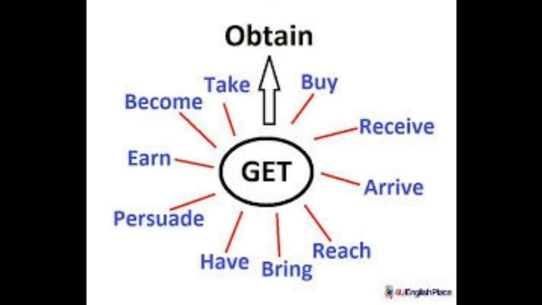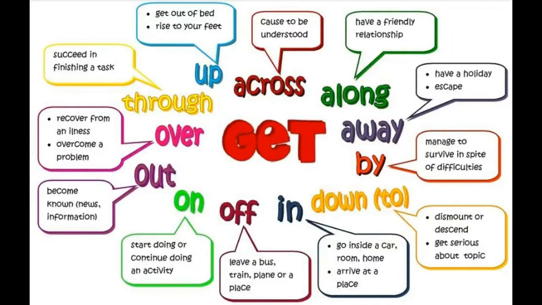Get has 11 meanings. The principal is obtain, but we have take, buy, receive, arrive, reach, bring, have, persuade, earn and become. As we saw in the book, let's check phrasal verbs with the verb get.